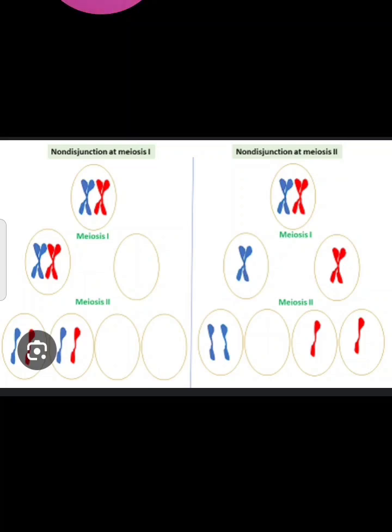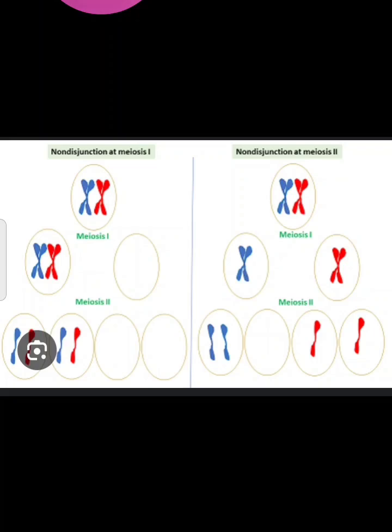Then in meiosis 1, we know there is homologous chromosome pairing, and then in the metaphase 1, the homologous chromosomes get separated in the anaphase 1 of meiosis 1. Okay. So when going to meiosis 2, the cells will usually have 23 chromosomes.